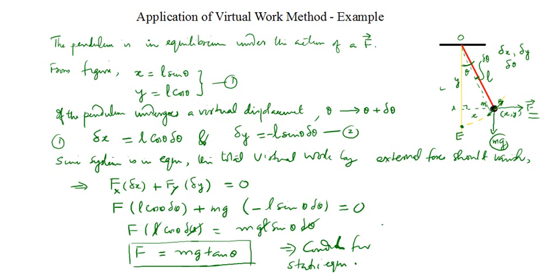Now you may not feel this result as exciting unless you do it by our ordinary method of Newtonian mechanics. So I will quickly complete this result. I'll quickly obtain the same result F equal to mg tan theta, the condition for static equilibrium, by using our Newtonian method.